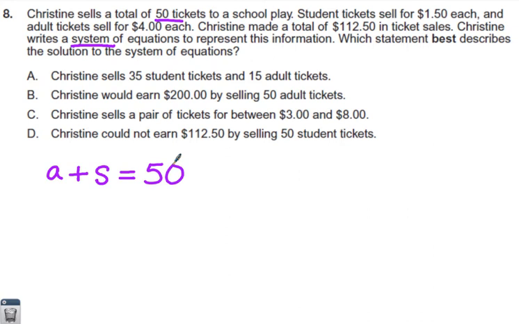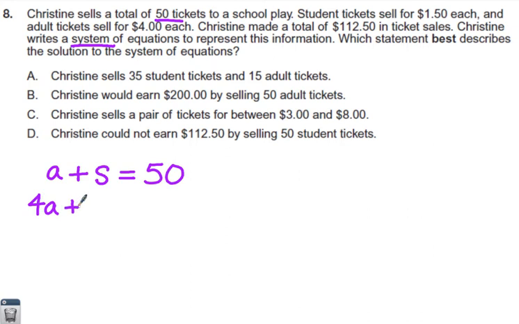And I know that if I multiply my adult tickets by 4, that tells me how much money was made by selling my A number of adult tickets, because you're going to multiply it naturally by how much it was for each ticket.